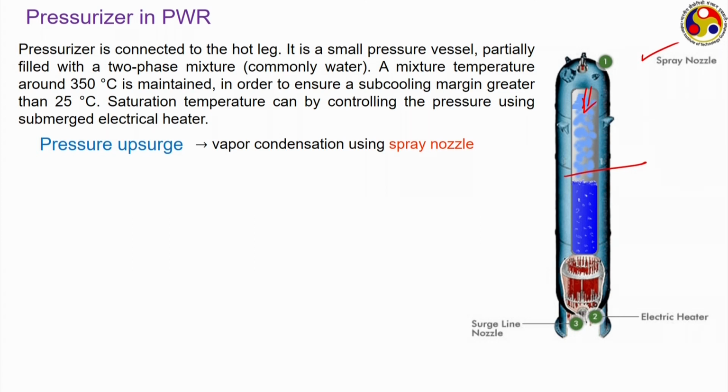Similarly, whenever there is a pressure downsurge, if the pressure inside the main reactor vessel reduces, then that will also draw a little bit of liquid out of this pressurizer, and so there is now higher volume available for the vapor which is present.